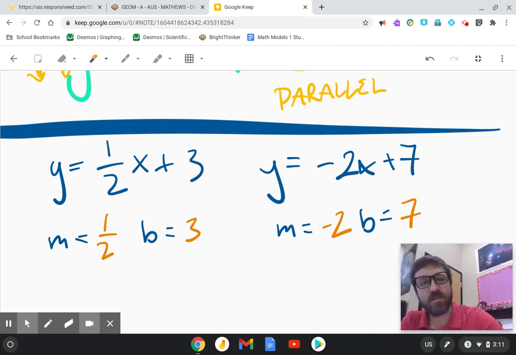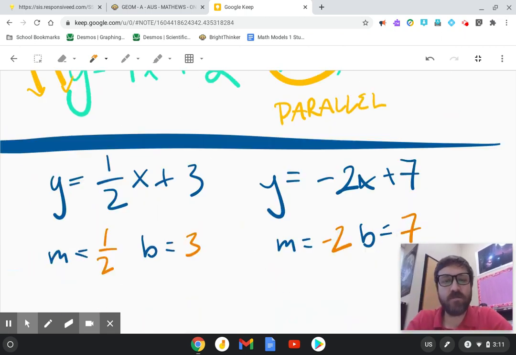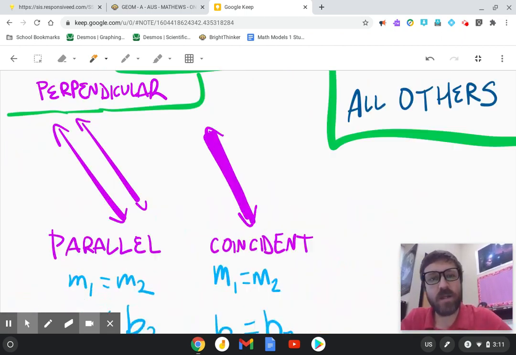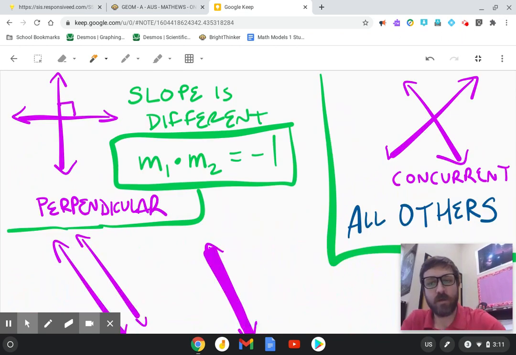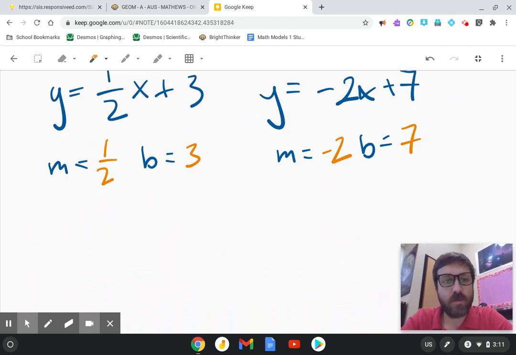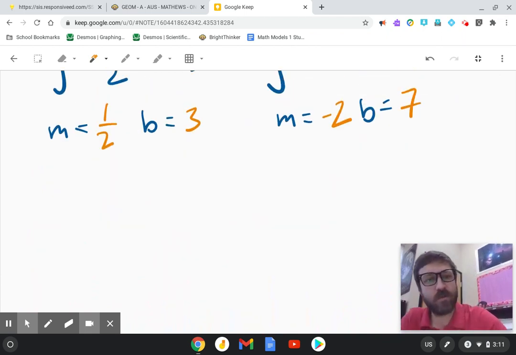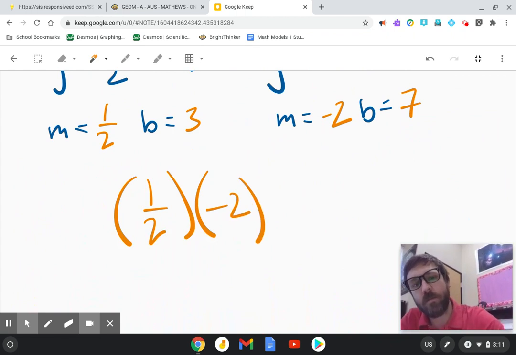So we notice that they are different. So now, if they're different slopes, we automatically know we need to check for perpendicular. And then if that's not true, we're going to put it under concurrent. So we take the slope of the first line, and we take the slope of the second line, and we multiply those together. Well, -2 is the same as -2/1.